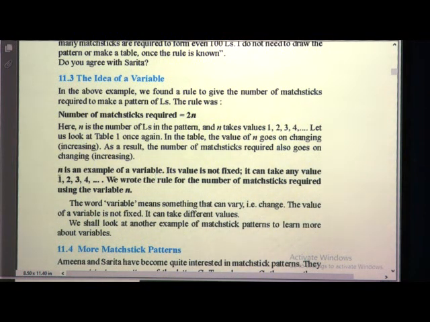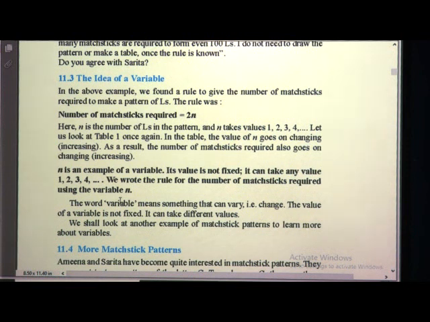So, see here, n is an example of a variable. Its value is not fixed. As we have taken, first in place of n we put 1, then 2, then 3, then 4. We wrote the rule of the number of matchsticks required using variable n.